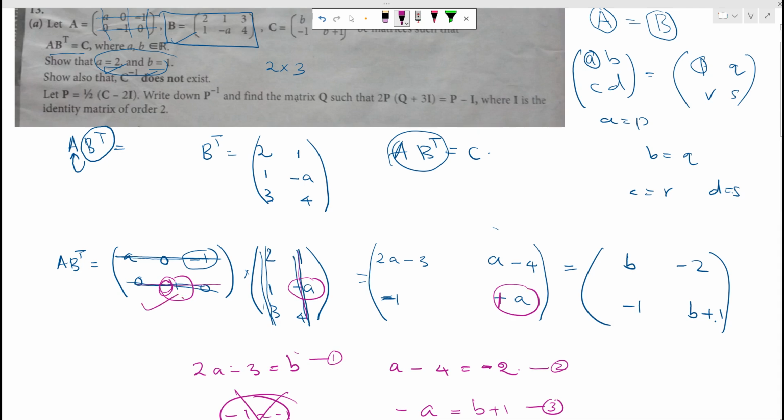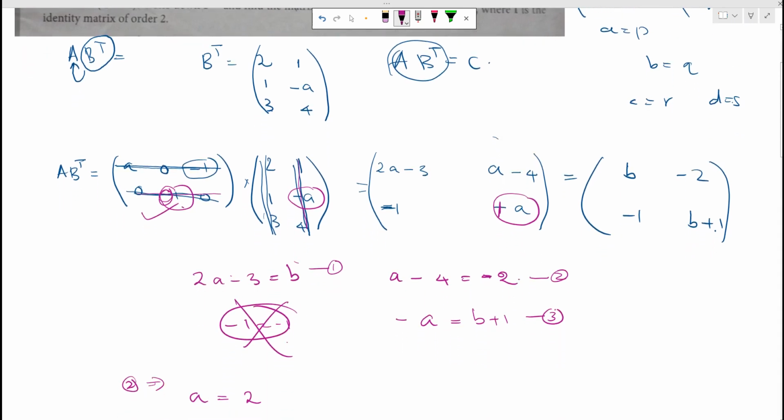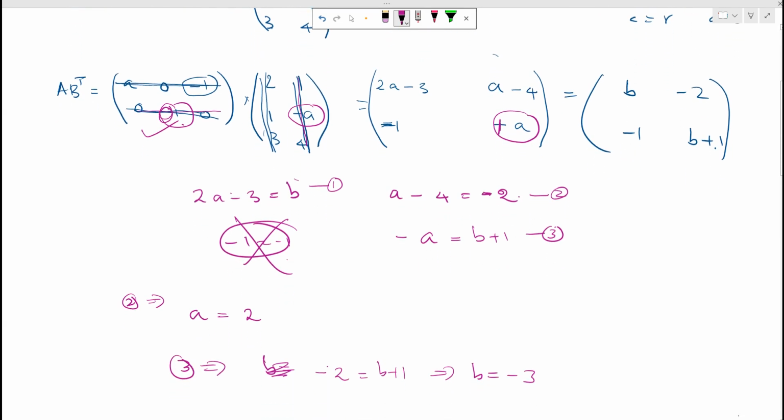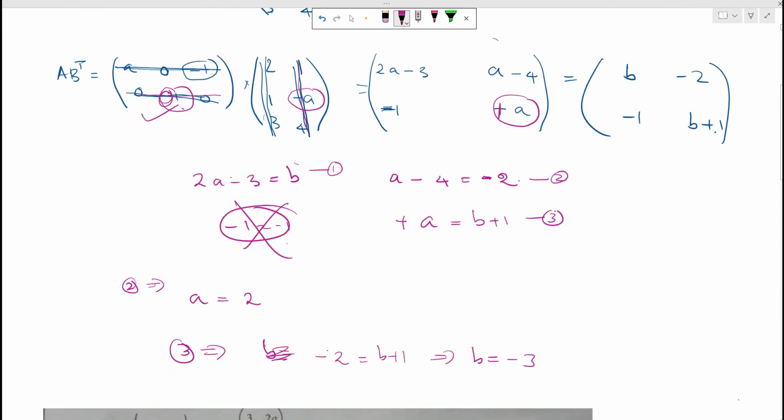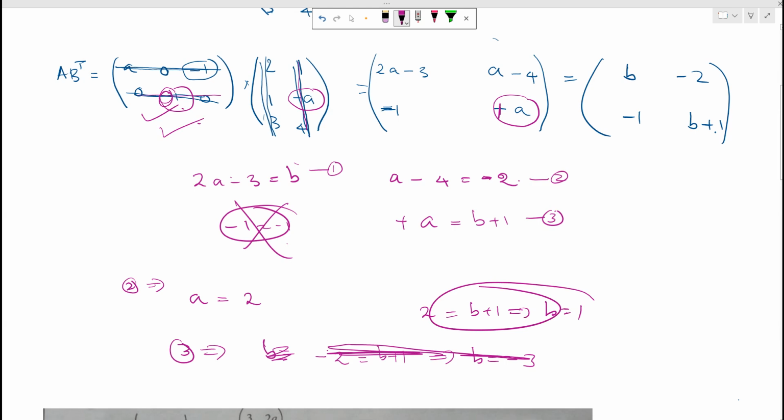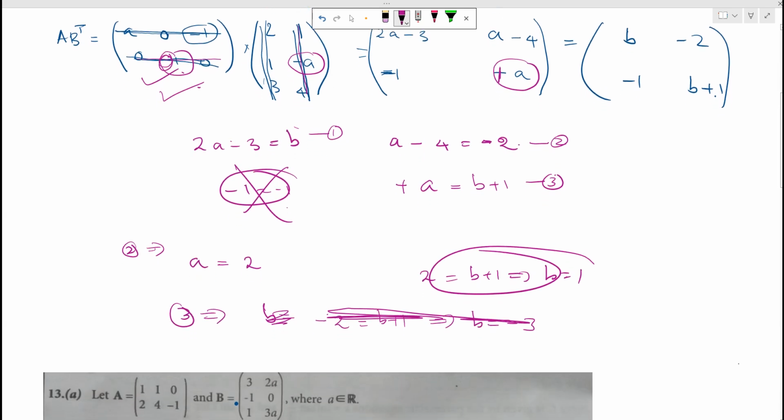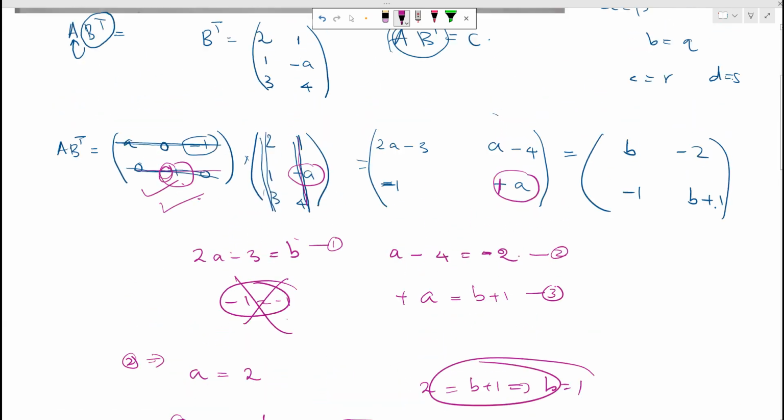I'm really sorry for that. So here plus a is equal to b plus 1. So here we can tell 2 is equal to b plus 1. So from this b is equal to 1. Okay, so there was a small mistake. Now we will continue the question.